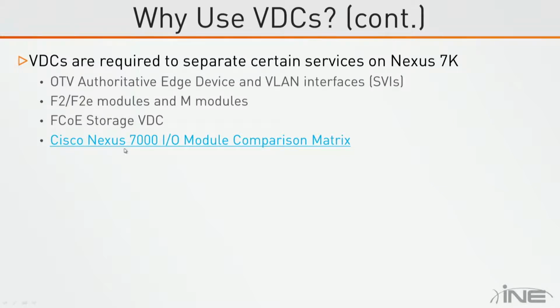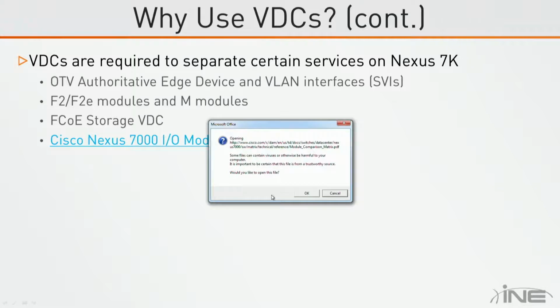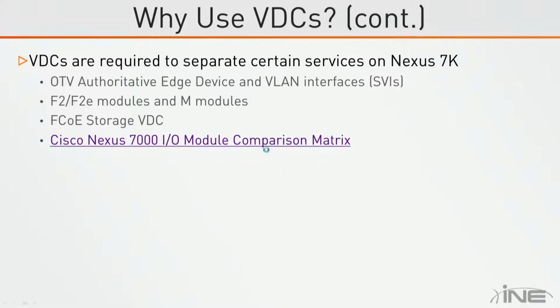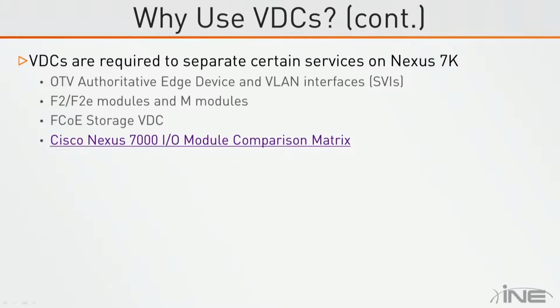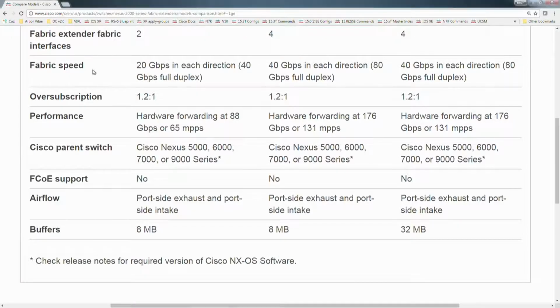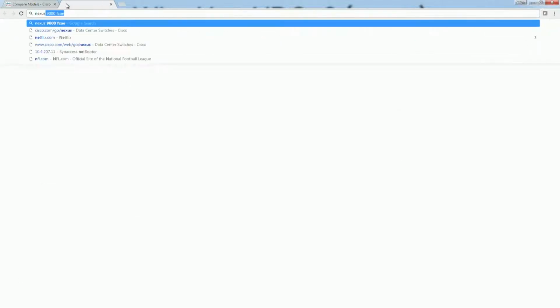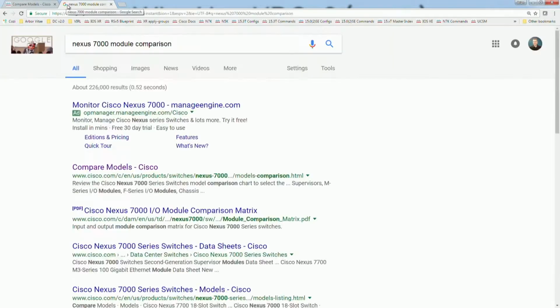So this particular document here, the module comparison matrix, you should be able to link to this from the PDF, but let me just search for this particular document. If you just search for Nexus 7000 module comparison, which is this one, I/O module comparison matrix.